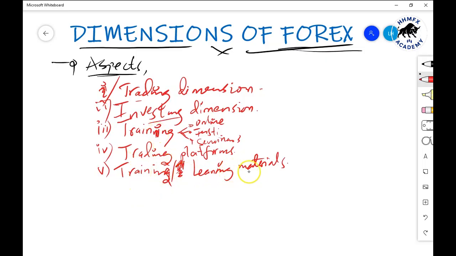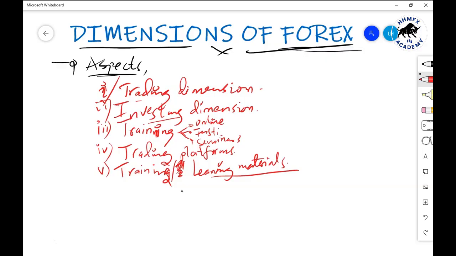Now, with training and learning materials, basically I'm talking about those people who have invested in training materials. Maybe those materials can be prepared by other people, but there are certain people who collect various training materials. If you need materials about candlesticks, you will find that a person has different materials concerning candlesticks.